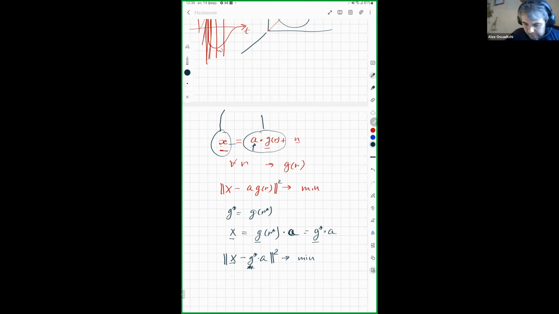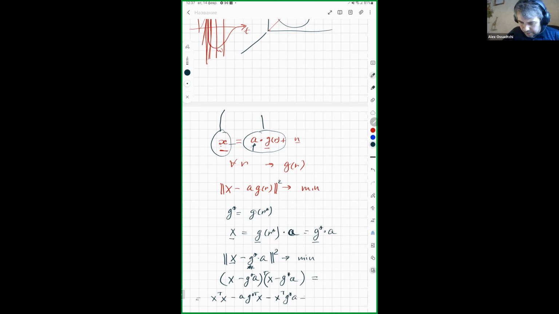It's very simple because you can rewrite it as (X minus G star A) transpose (X minus G star A). Okay, this is exactly the same thing. Then you can expand it: X transpose X minus A G star transpose X, right? Then minus X transpose G star A, right?